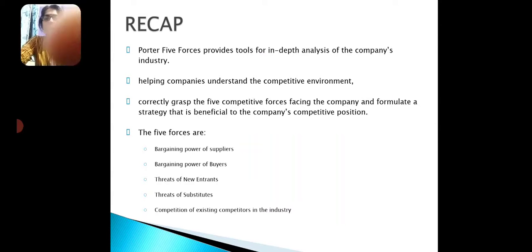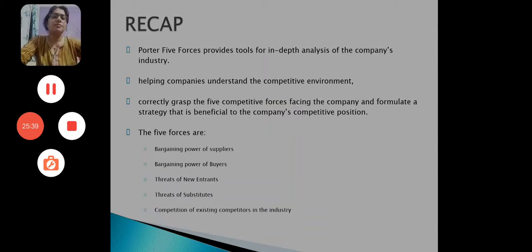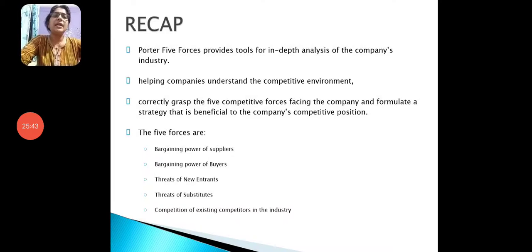Just to wind up the session, Porter's Five Forces model provides a tool for in-depth analysis of the company's industry. Which industry your company is situated in, helping companies to understand the competitive environment. In order to be a player in the market, you need to first understand the position of your industry.